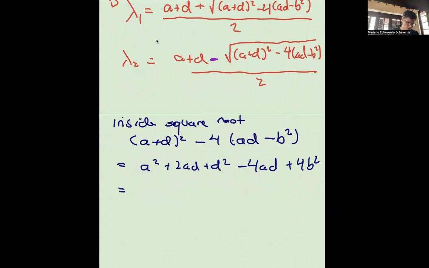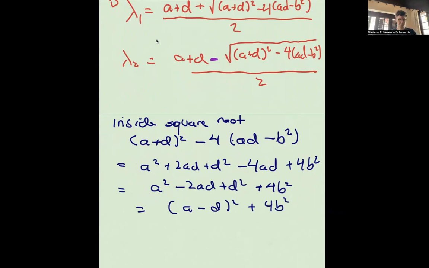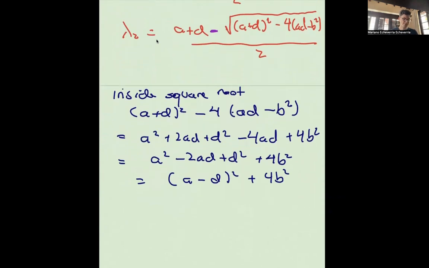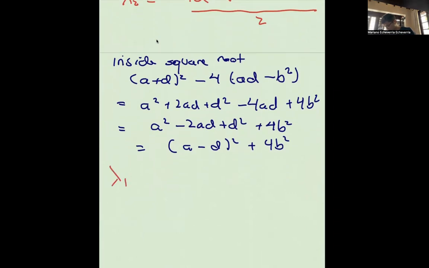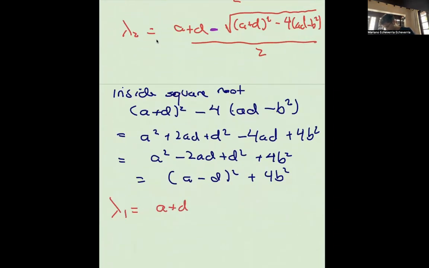And so you can combine it. You get a squared minus 2ad plus d squared plus 4b squared. And this gives you a minus d squared plus 4b squared. Okay, so this looks a little bit nicer. So that actually tells you that the first eigenvalue is a plus d plus the square root of this thing over 2.